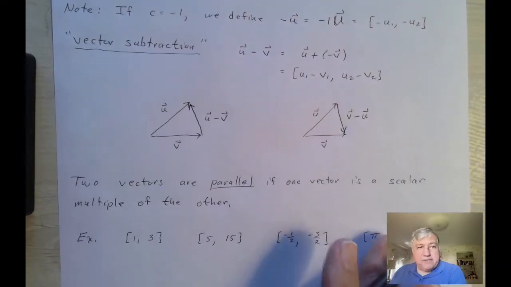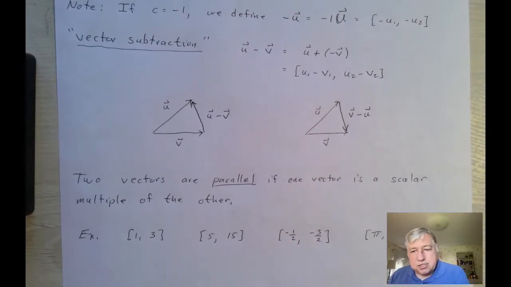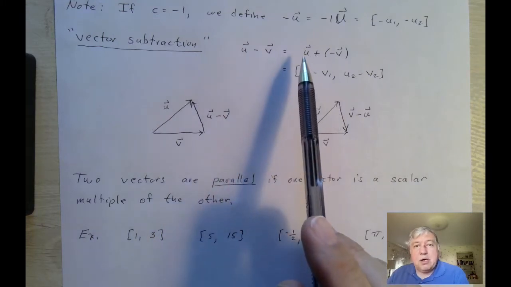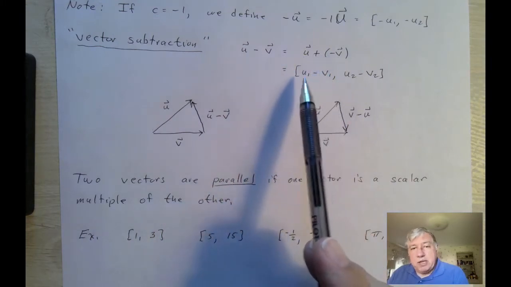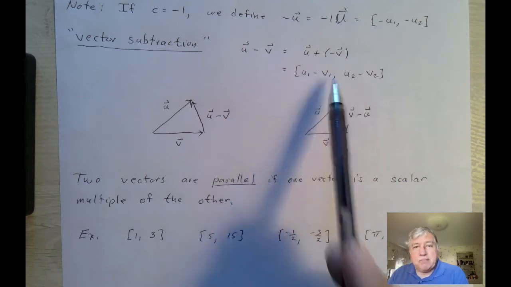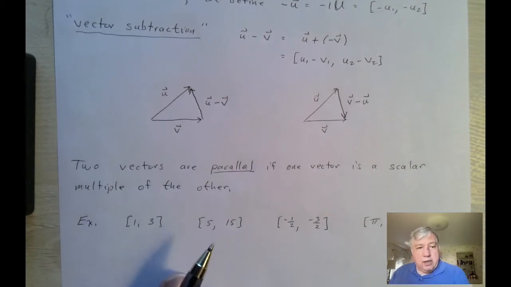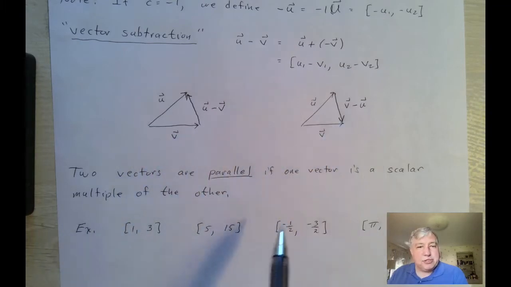We don't officially define subtraction of vectors, because subtraction really is just a special case of addition. We define u minus v to be u plus negative v, which can be computed by subtraction: u1 minus v1 and u2 minus v2. And we have a geometric interpretation as well.